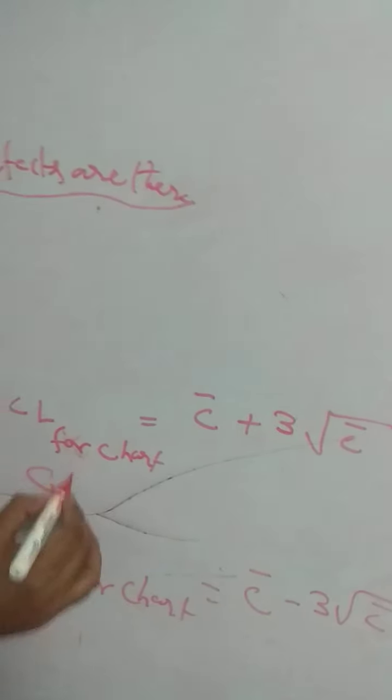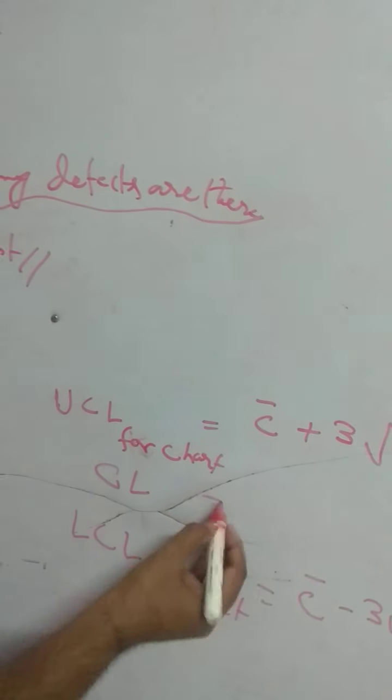This is the upper, this is the lower, and the control line is the C bar itself.